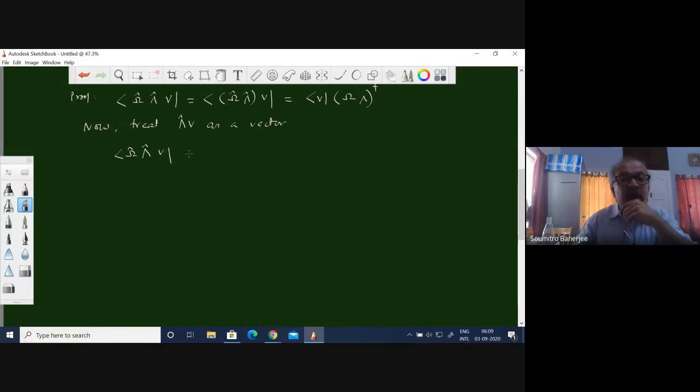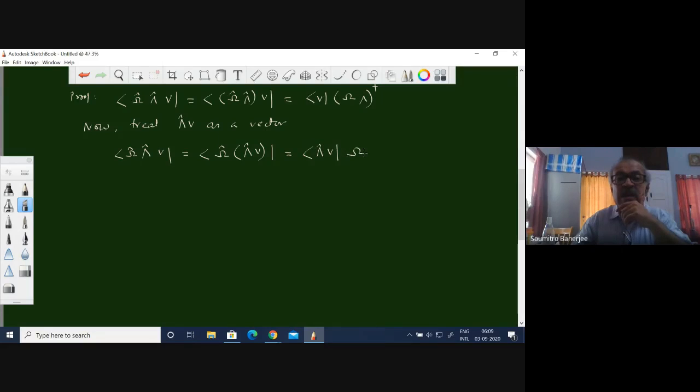So if I write it explicitly, it is V. This whole thing is treated as a vector. And then I can take this out. So this is equal to lambda V, and this one goes out.